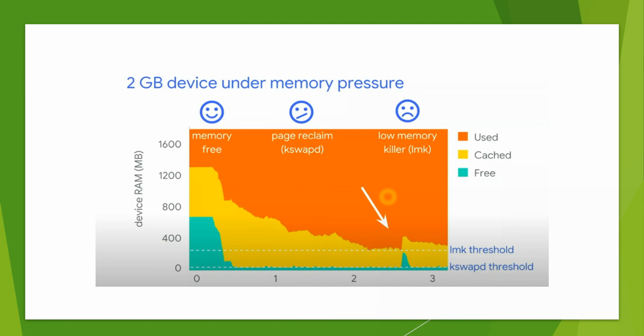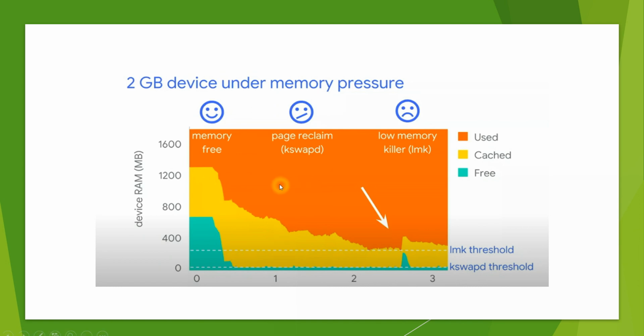So what does this low memory killer do? It wants memory, so it will start killing the processes one by one. When a process is killed, all of the memory that the process was using will be reclaimed. That is the reason why LMK starts killing the processes one by one to reclaim memory.